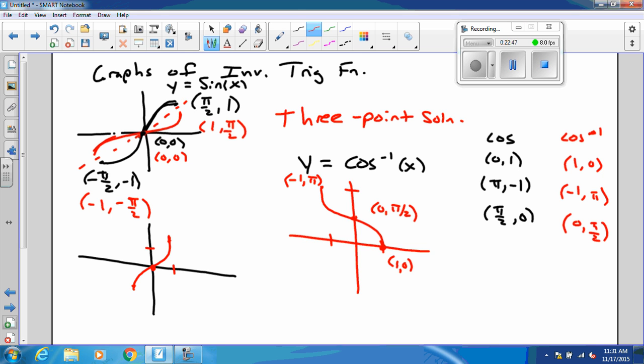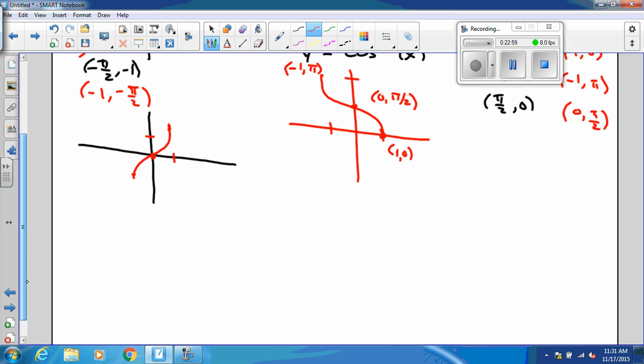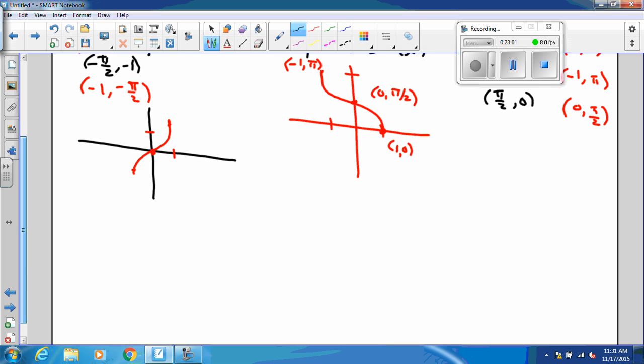Does this make sense to everybody, how we're coming up with these? How about the graph of inverse tangent? Well, I'm going to use the same idea, the 3-point solution, but 2 of my points, instead of being points, I'm going to use the vertical asymptotes.